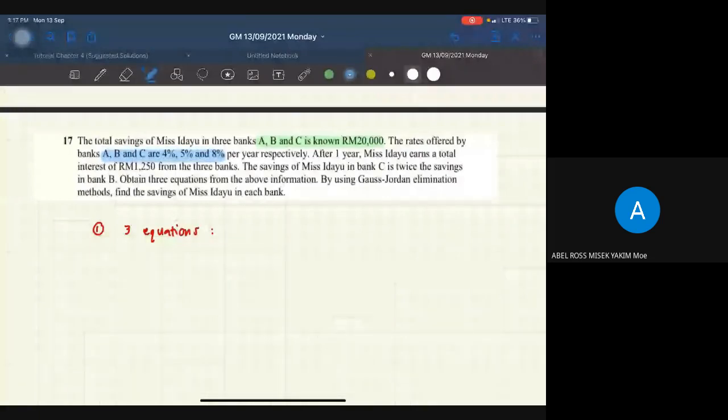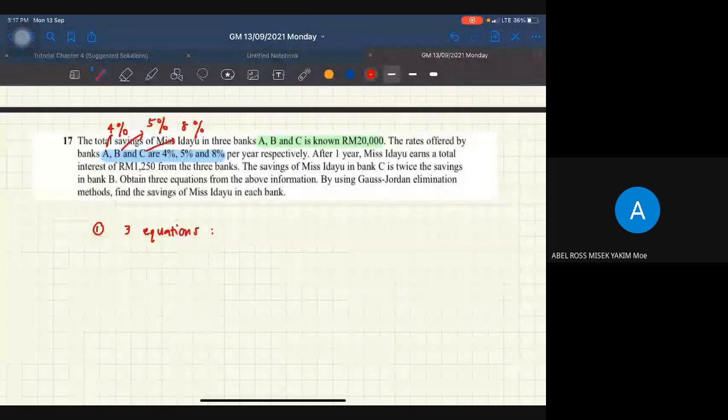So maksudnya bank A is 4%, bank B is 5%, bank C is 8%. And then after 1 year, Miss Idayu earns a total interest of 1250 from the 3 banks. So maksudnya Miss Idayu ni dapat 1250 daripada ketiga-tiga bank.